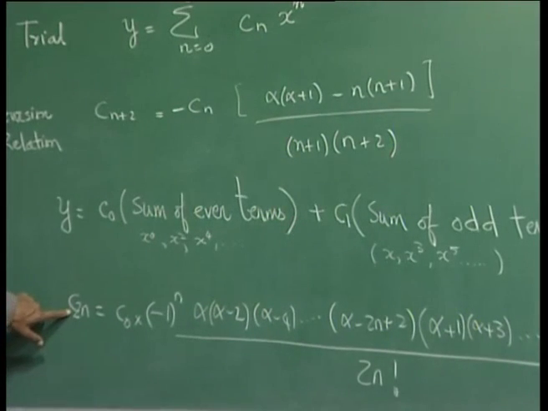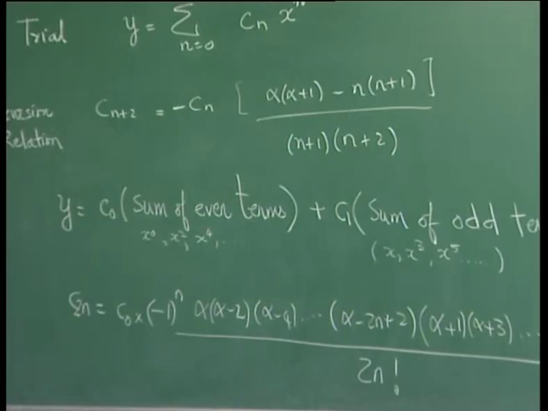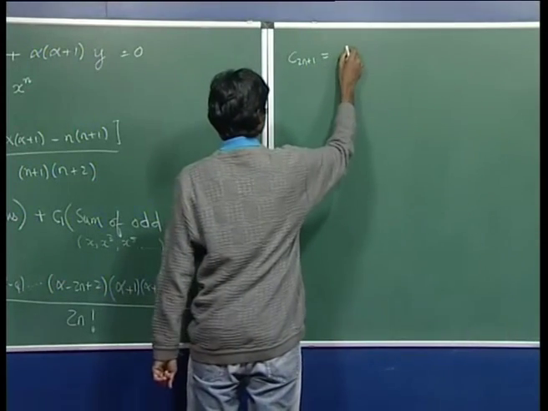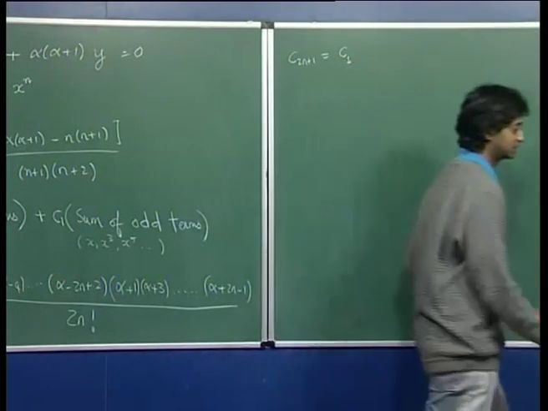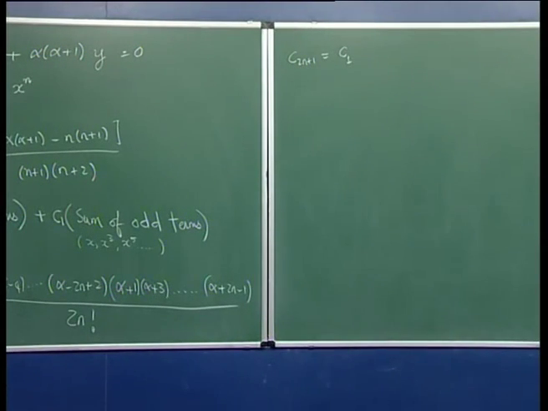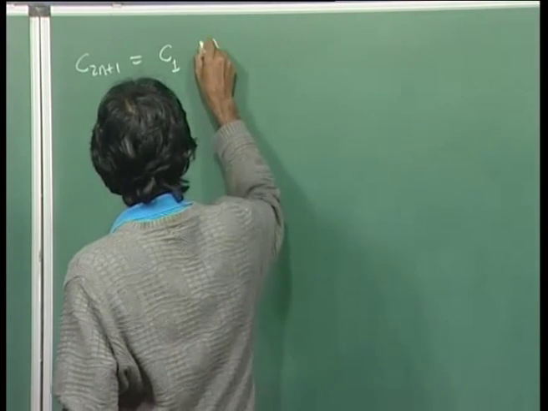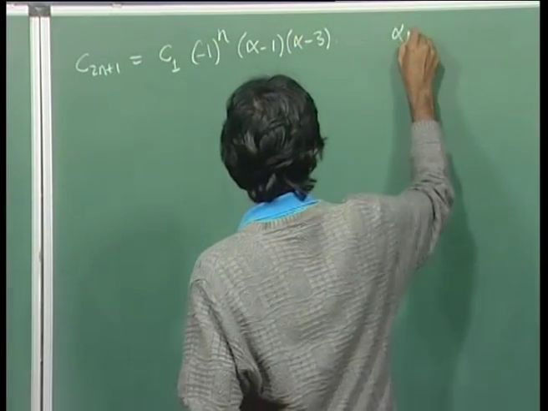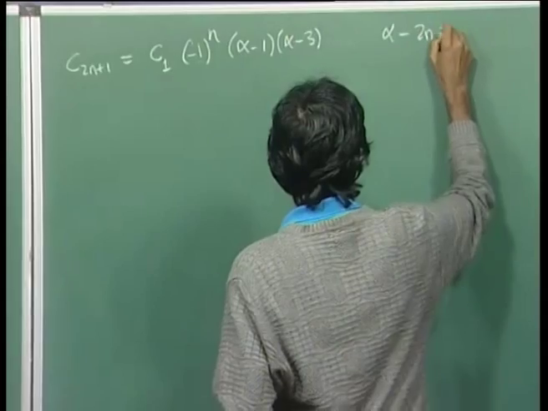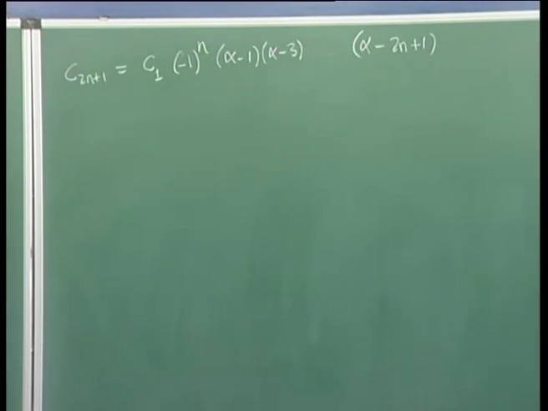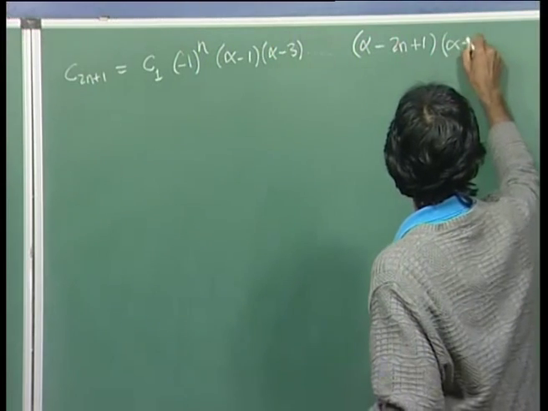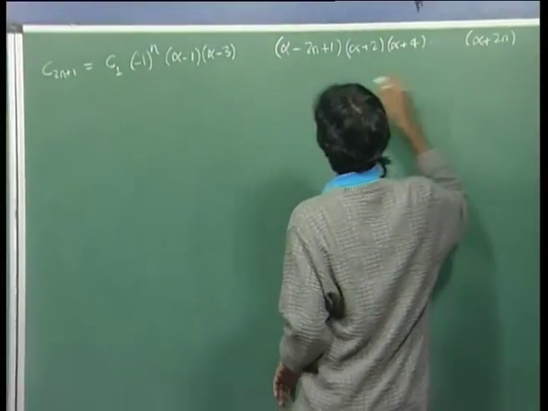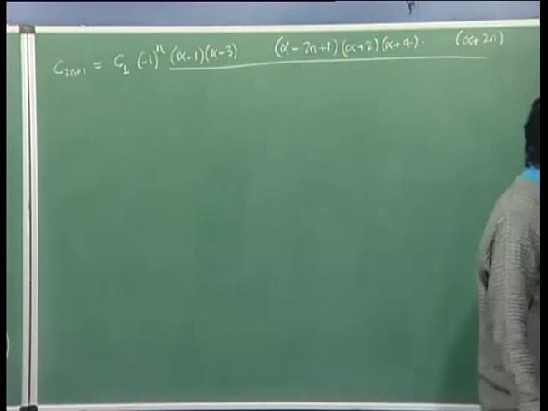So, this is valid for even coefficients: all even coefficients can be expressed in terms of C0, and similarly all the odd coefficients can be written in terms of C1, with minus 1 raised to n, alpha minus 1, alpha minus 3, up to alpha minus 2n plus 1, then alpha plus 2, alpha plus 4, up to alpha plus 2n, divided by (2n plus 1) factorial.